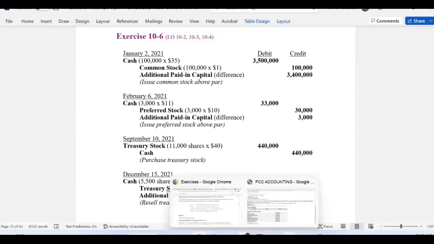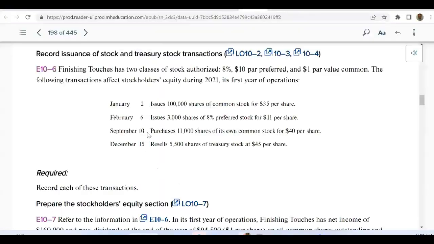Okay, this part is also cool. On September 10th, the company purchases 11,000 shares of its own common stock from the market. If the company buys its own common stock from the market, it becomes all of a sudden treasury stock, which the company needs to keep a record of: how many treasury stock they have, when did they purchase it, and how much did they pay for it.